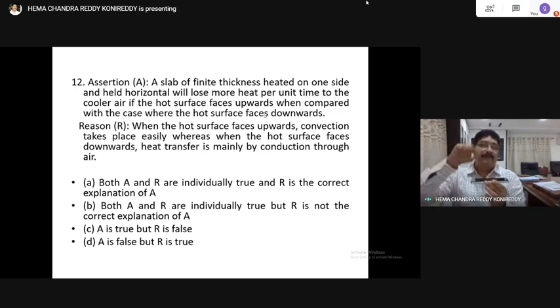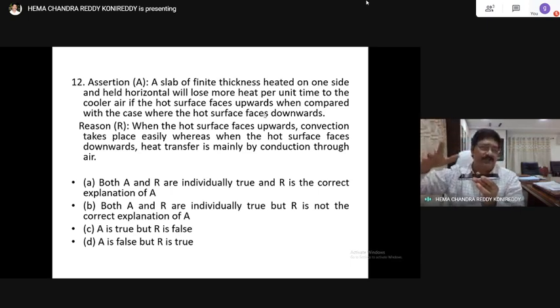Air is cooler, plate is hotter. If the top one is the hot surface, when cool air comes here, it very quickly gains the heat, loses density, and moves vertically. So it's a very free way of convecting. Every time a cooler particle can come here, gain the heat and move away.